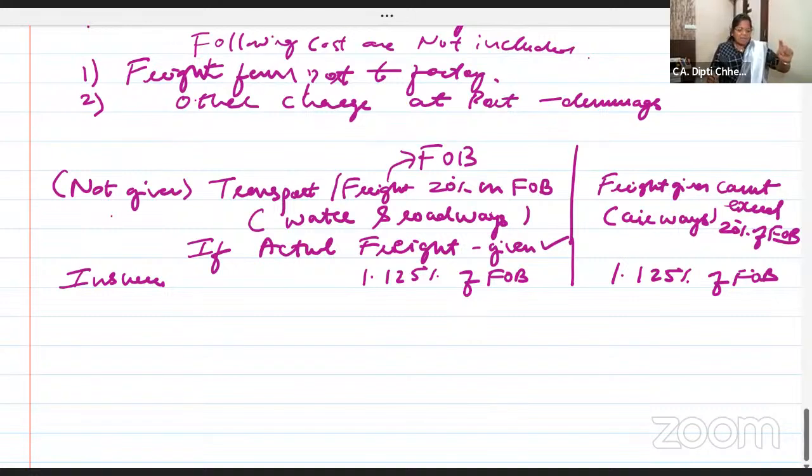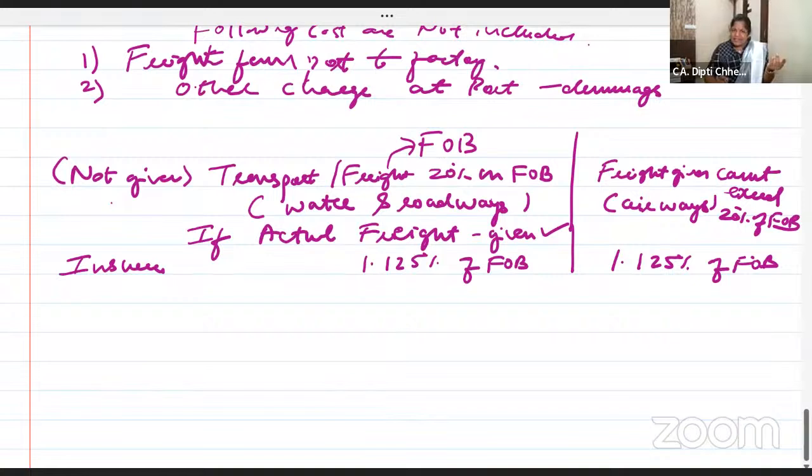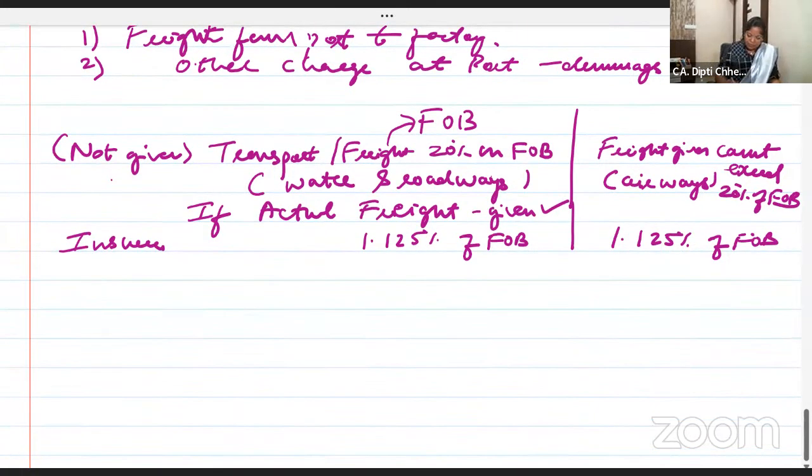Once in the exam, don't get confused. I'm teaching you all the aspects. If the freight is not given, take 20%. In case of air, if the freight is not given, take 20%. If it is given, still it cannot exceed 20%. If insurance is not given, in all the cases, 1.125% of the FOB.